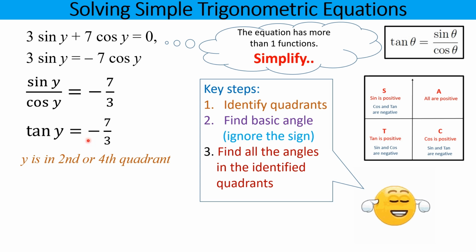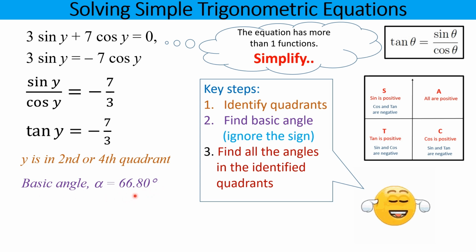Over here we need to find the basic angle or reference angle, not the principal value. If you have a calculator with you, you can work it out together with me. You simply do second function, tangent, 7/3, and you should get the basic angle as 66.80 degrees. So this is your basic angle.